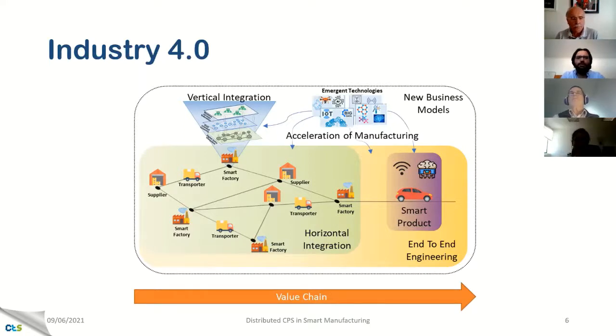So these new technologies will contribute to the acceleration of manufacturing. And of course, cyber physical systems is one of these new emergent technologies that will allow the creation of these highly complex and integrated ecosystems. And this will generate new business models.